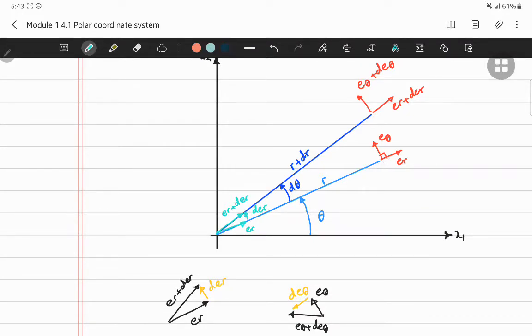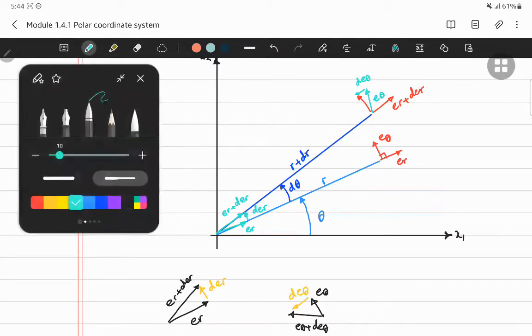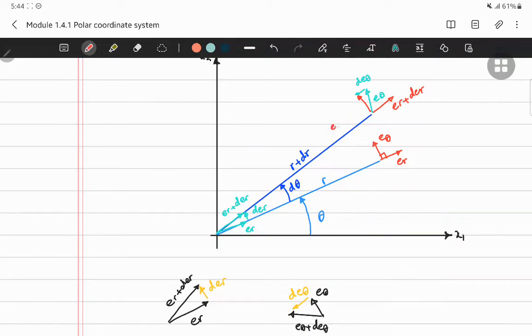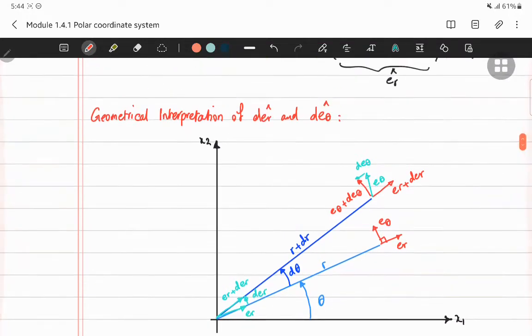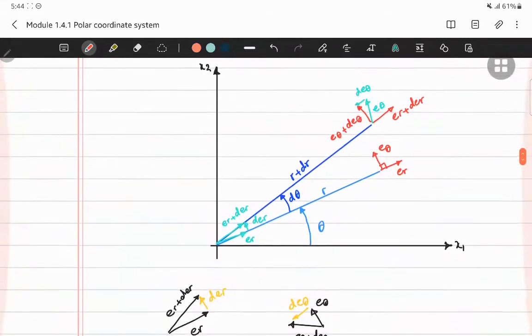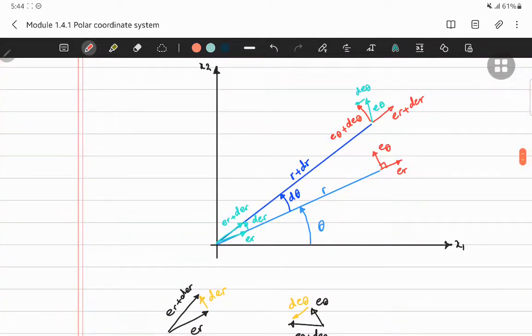And this is basically e theta, this is e theta plus d e theta, therefore this is d e theta. Let me just write this here, e theta plus d e theta. So this is the geometrical interpretation of d er and d e theta. You can see them here, how they're changing.